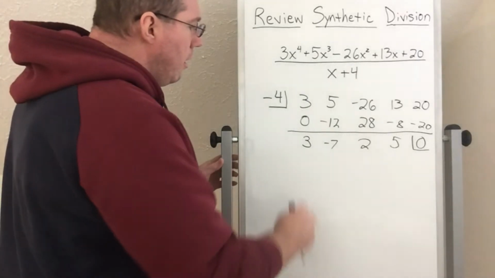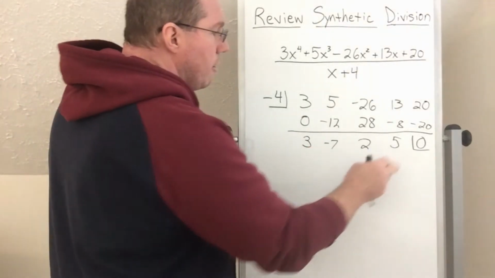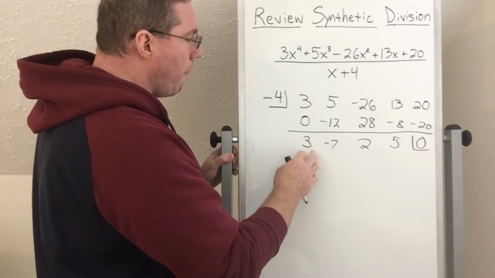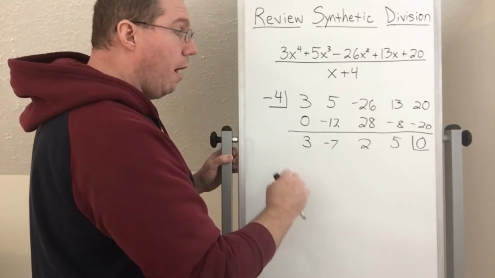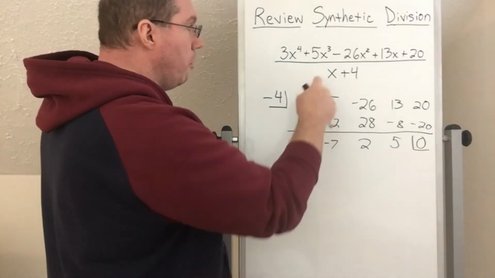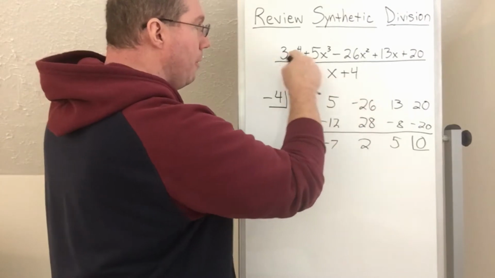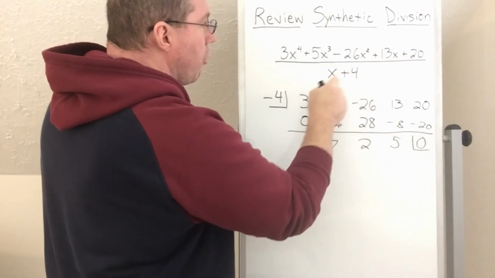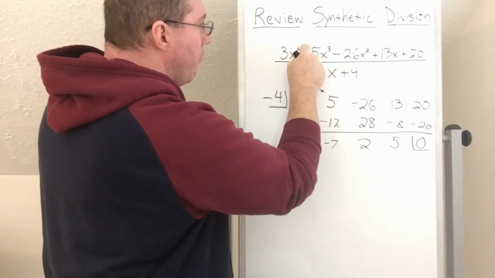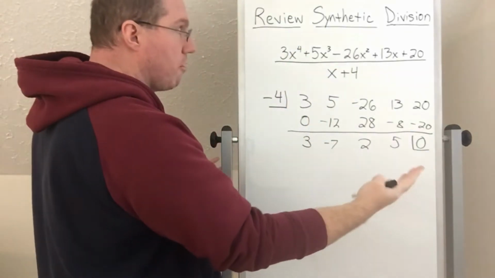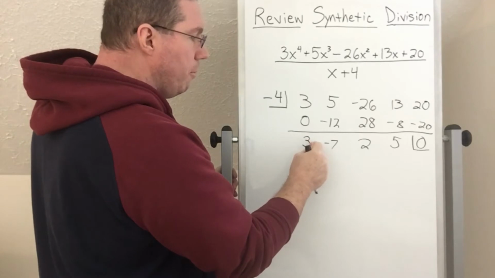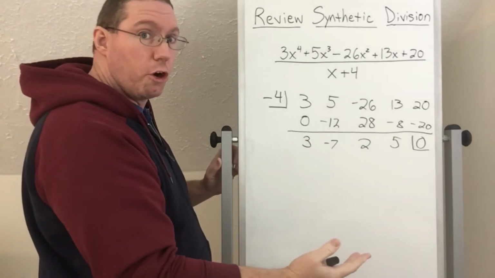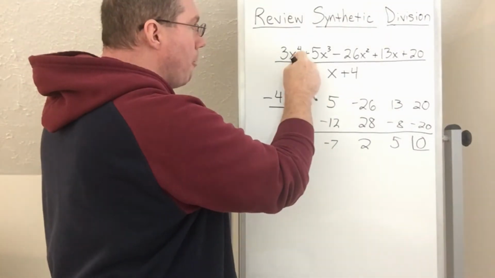All right, so now these numbers down here, they represent the coefficients of the quotient, okay? So when we divide x plus 4 out of this polynomial, we're dividing by x to the first power, so the x to the 4 divided by x to the first becomes x to the third. So this polynomial is going to start with x to the third, okay? We always reduce our power by 1.